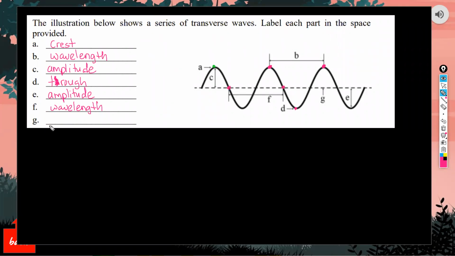And G, that's the resting position, right? How much of you all got all correct? Right. F is not the frequency, that's the wavelength, right?